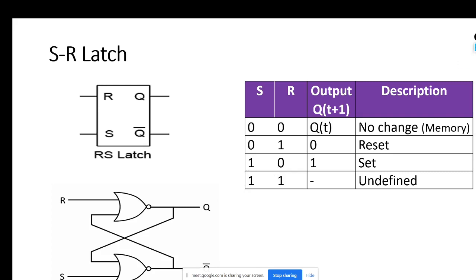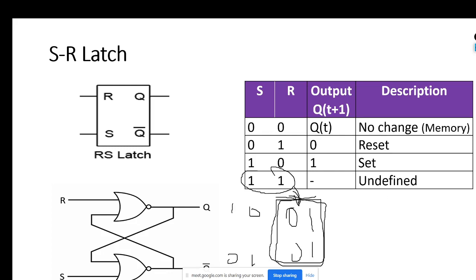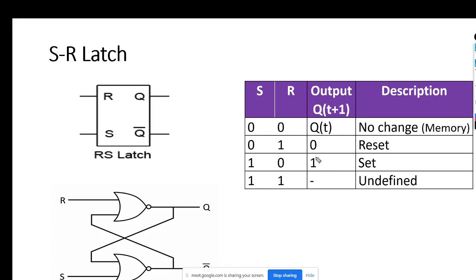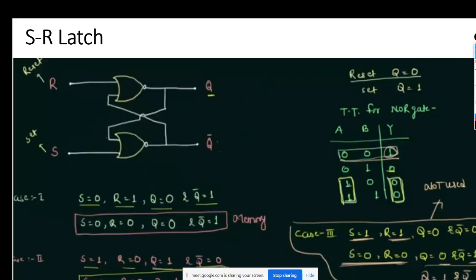Now let's try to understand a little bit, not fully, because fully understanding this truth table will take a lot of time. But at least as a snapshot, try to understand how this truth table is made. Now you know that this is our SR flip flop.